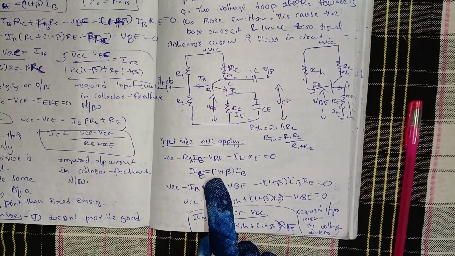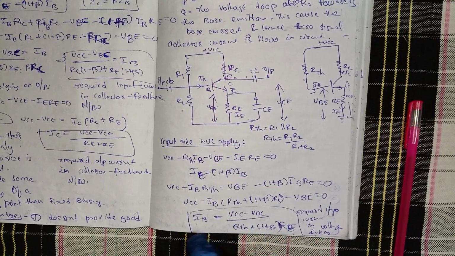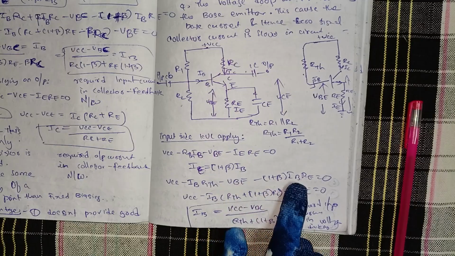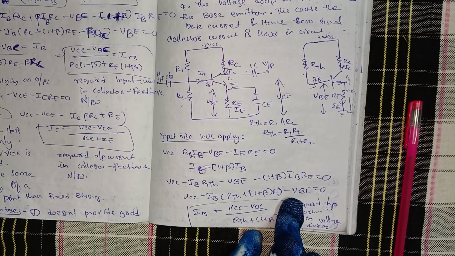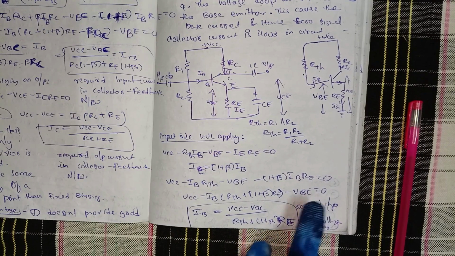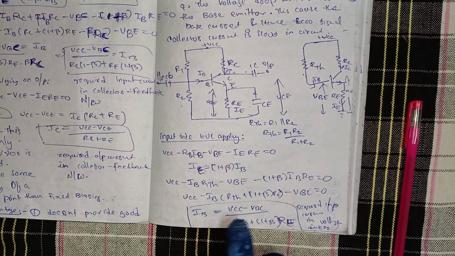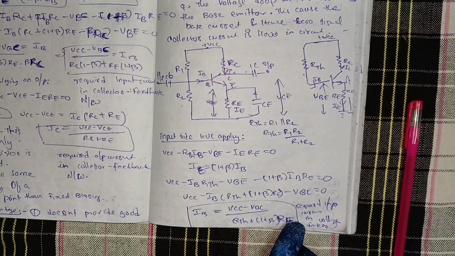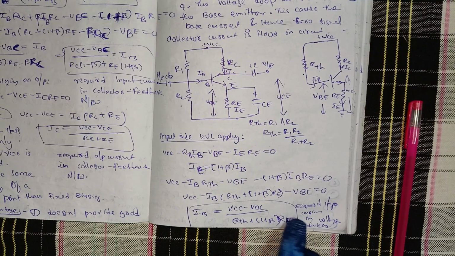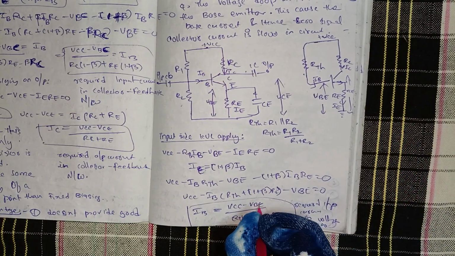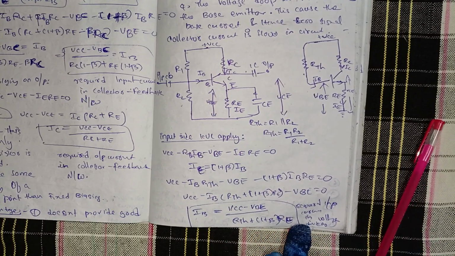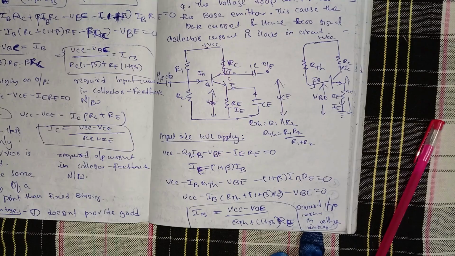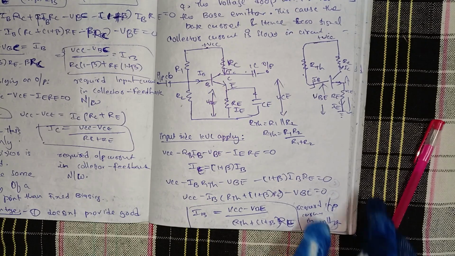In place of IE, we have substituted (1 plus beta) IB. Then taking IB common, RTH plus (1 plus beta) RE. We get the IB value, that is, IB equals (VCC minus VBE) by (RTH plus (1 plus beta) RE), the required input current in the voltage divider biasing.